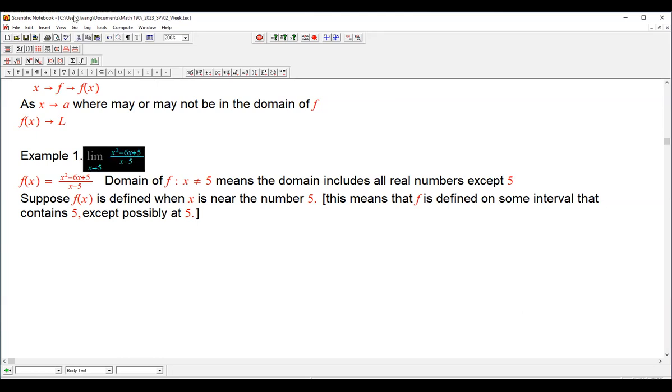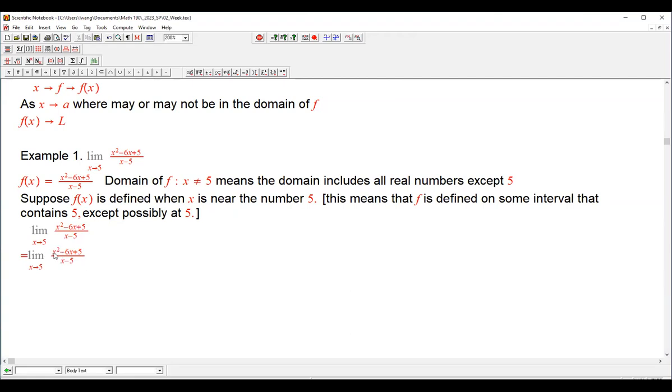Now, when we look at the limits, we're going to use the algebraic way to handle the situation, because we know that X is approaching 5, but it is not 5. And because X is not 5, X minus 5 is not 0. So if X minus 5 is not 0, maybe we can do some algebraic manipulation. That's what we're going to do.